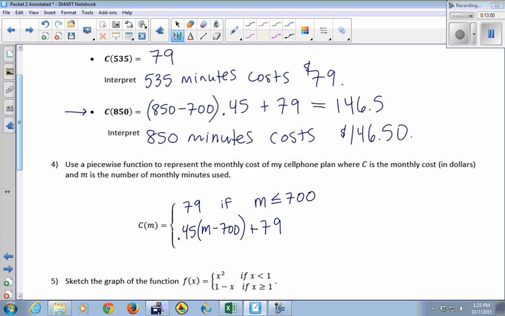You have to subtract the 700 because that tells you how many minutes over you went. Then multiply that by 45 cents for each overage minute. Add your base fee of $79, and that's your formula if M is more than 700 minutes.